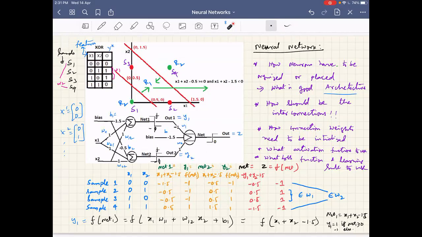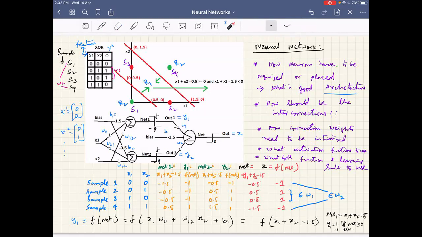We have constructed a small network of neurons, and we want to see if this network of neurons is efficient enough to classify them into respective classes. If so, we say that the neural network has the power to make even nonlinear decision boundaries.